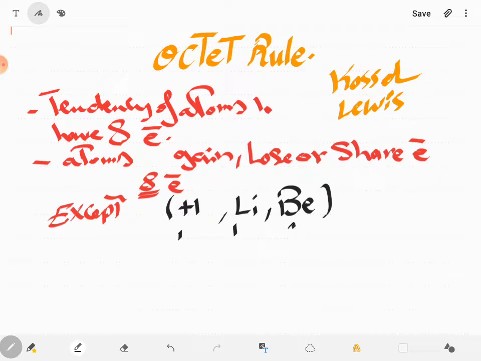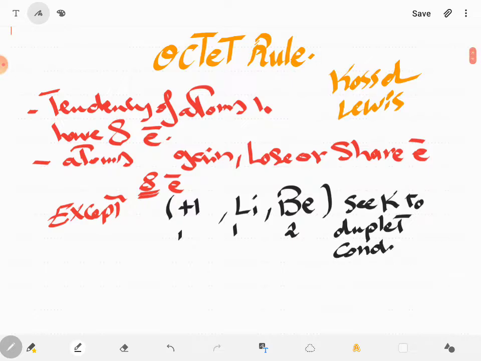Beryllium has atomic number 4 and has 2, complete already. So only those 3, hydrogen, lithium, beryllium, are seeking the duplet condition, not the octet, like helium. Okay?